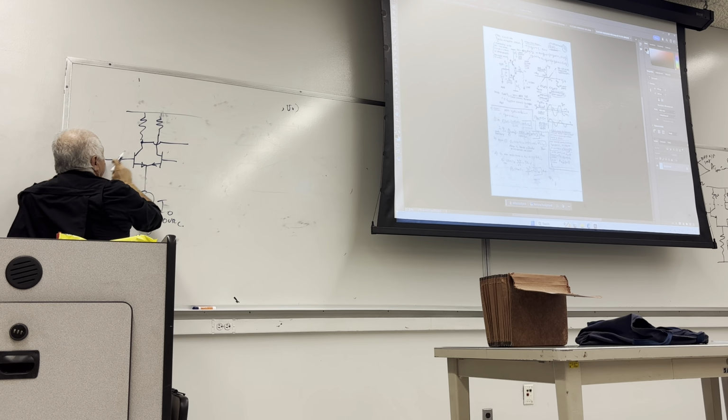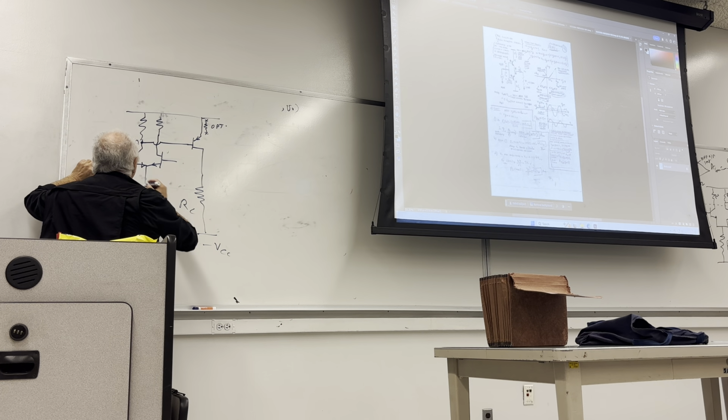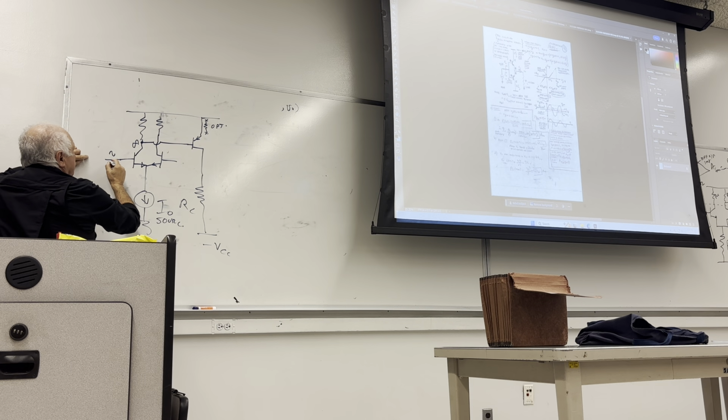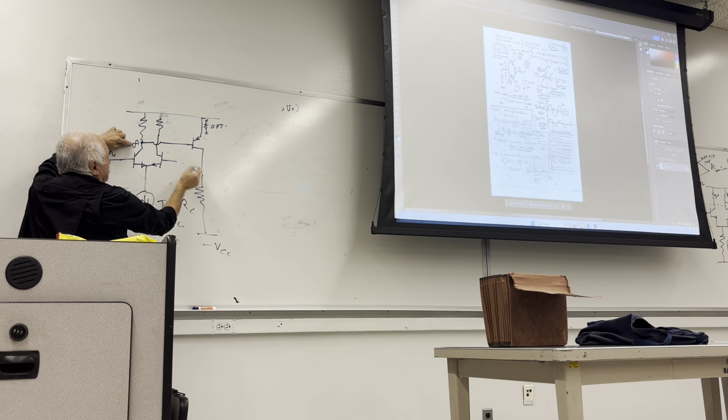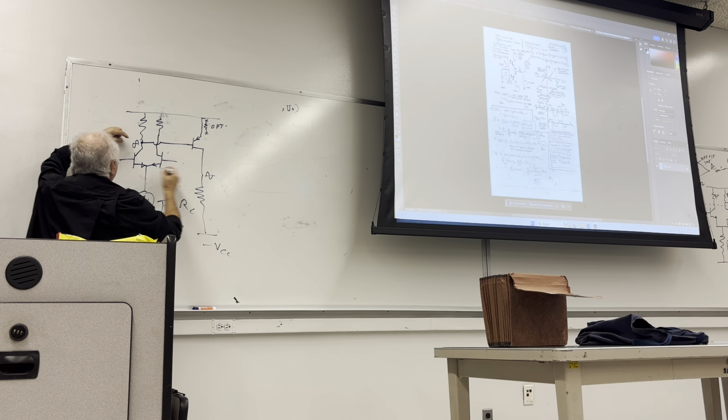From here to there, we have inverting from this input. We get inverting, and then it goes to another PNP transistor. Sometimes they put resistance there, optional, and then here to negative VCC, this is the RC, and also from here to here we have another inversion with respect to that input.